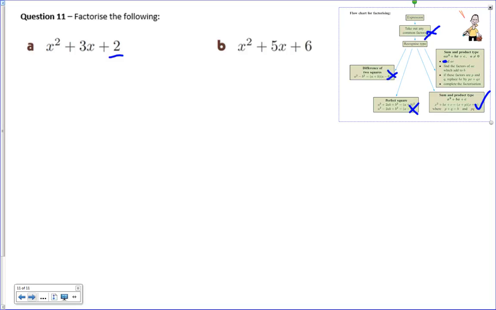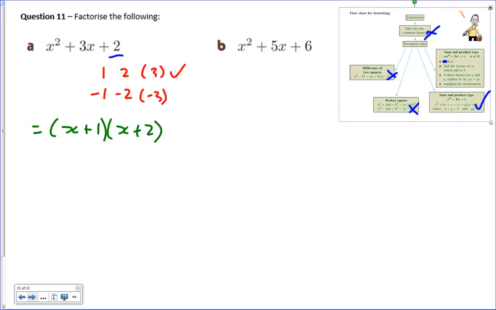So it's got to be using this method here, which is the sum and product type. What does that mean? We need to go through all the factors of 2, which happens to be those, and which add up to 3. And so that one there becomes the correct one. And so our answer here is going to be equal to x plus 1, x plus 2.